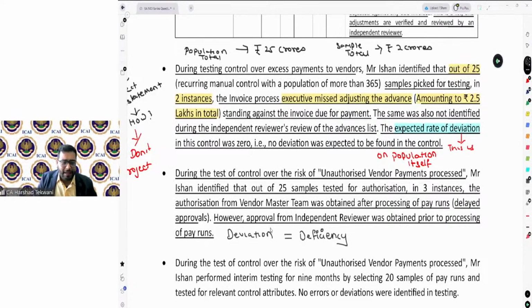Can I say deviation is equal to deficiency in this particular case? Come on, guys. Can I say that my deviation in this particular control is equal to a deficiency or not?